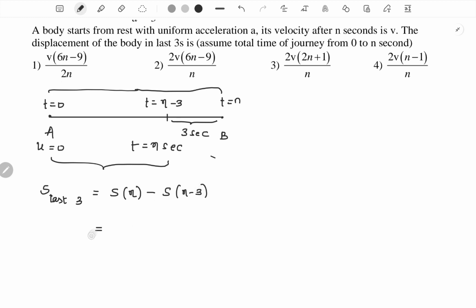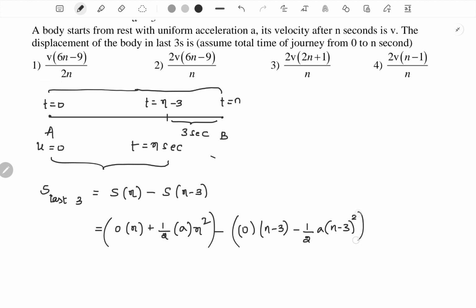We can use the basic displacement formula, which would be ut plus half a n square, minus the displacement in n minus 3 seconds, which would be u t plus half a t square. Here the initial velocity is zero, so we get a by 2 n square minus a by 2 of n minus 3 whole square.